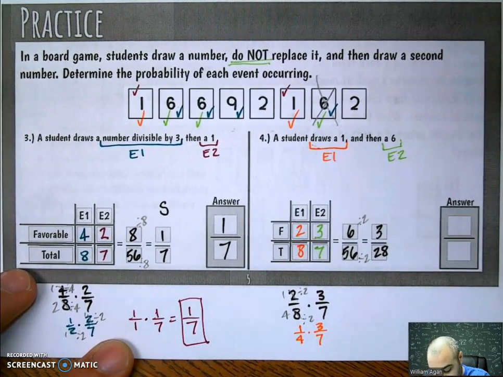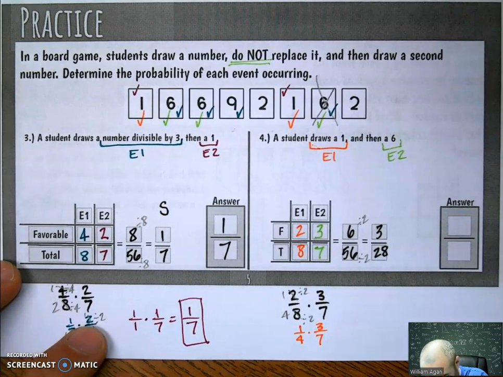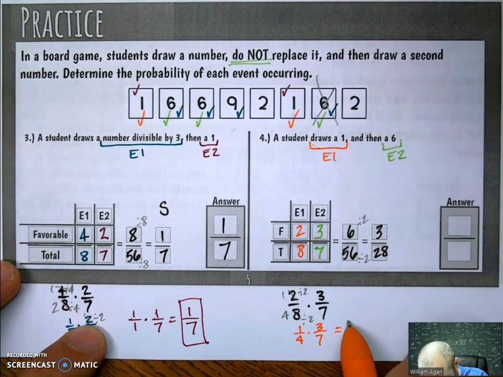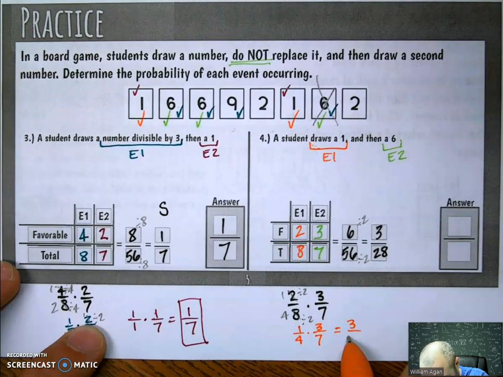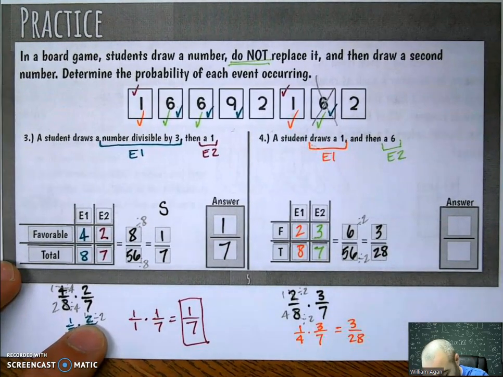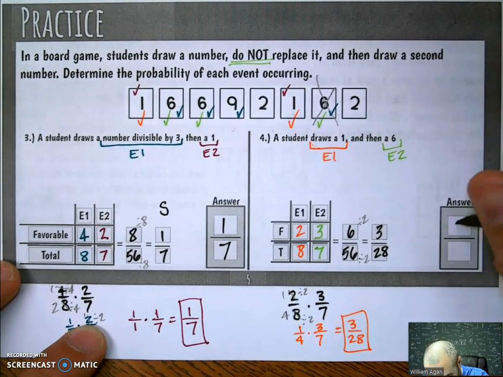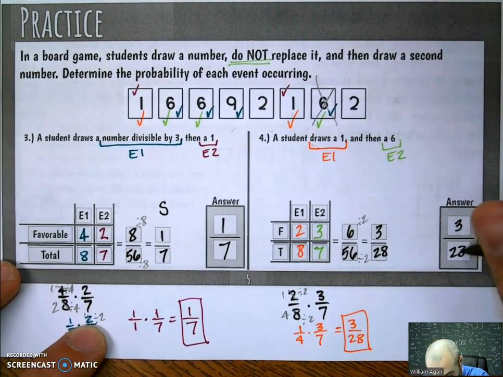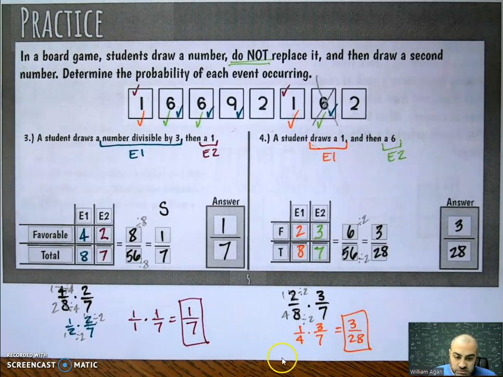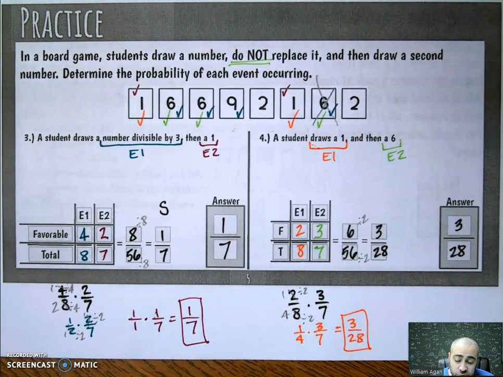Okay, there's nothing else I can simplify, so I multiply straight across. 1 times 3 is 3, over 4 times 7 is 28. And we get the exact same answer. Okay, I think I have just a couple more practice problems for me to do for you.